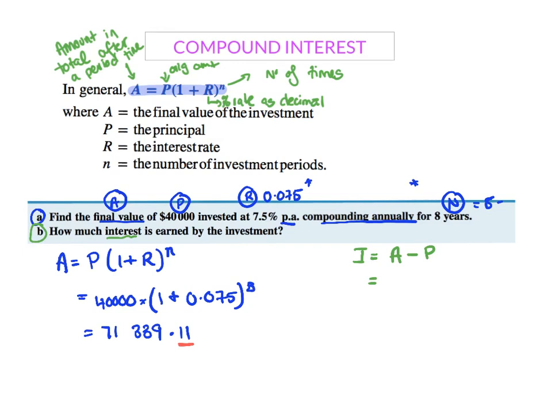So if I look at this one, he had 71,339.11, and I'm going to minus the 40,000 he gave the bank to begin with. So really he has earned the interest of 31,339.11. So that's how you can work out the interest he's earned for compound interest.